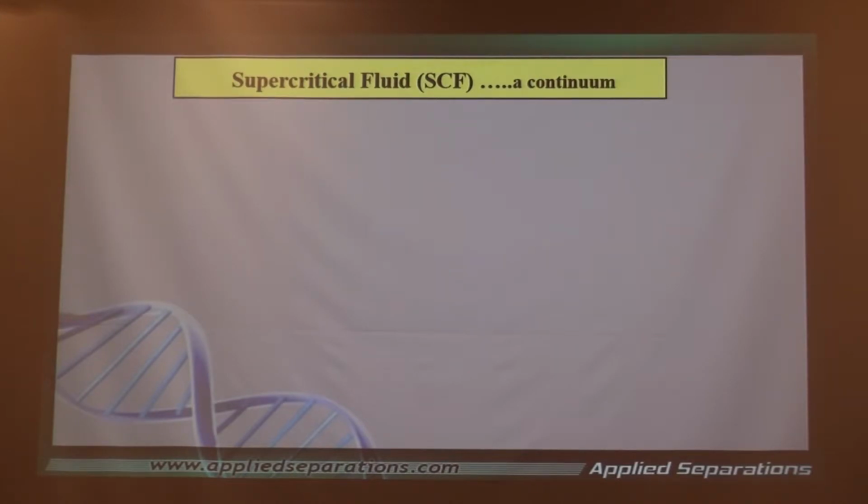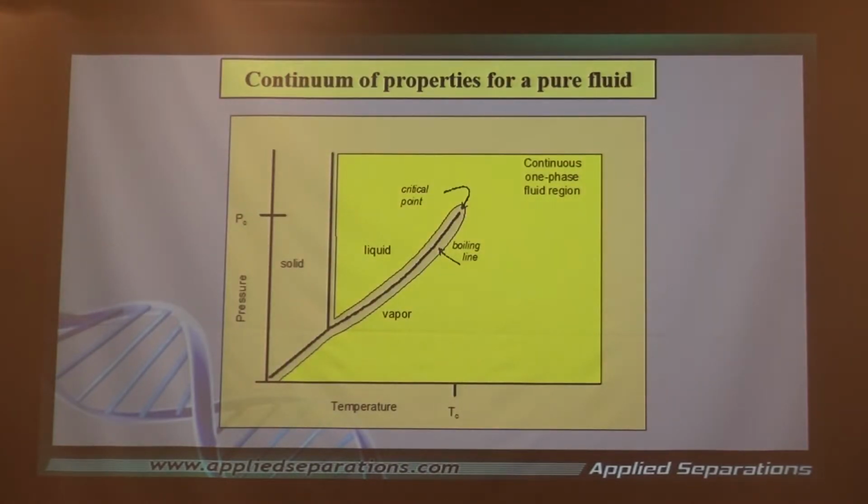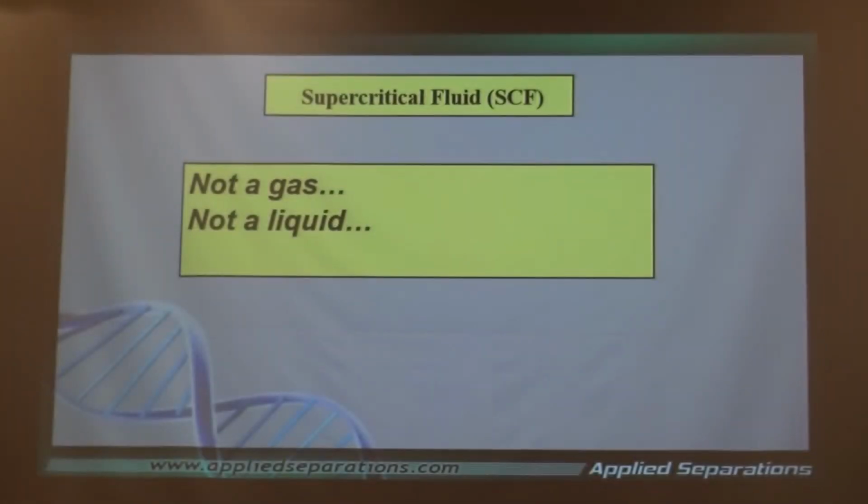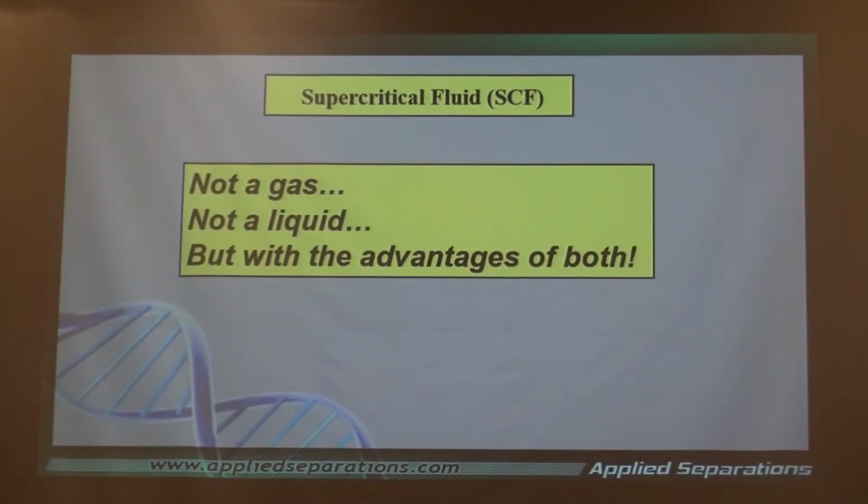Really, it's sometimes easy to explain this as a fourth state of matter, but really what we're looking at is a continuum. We start with a liquid, and around this we have a continuum of liquid to gas. It's not a gas, nor is it a liquid, but it has the advantages of both.